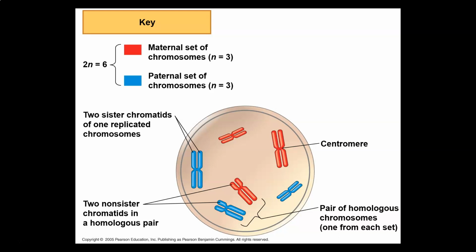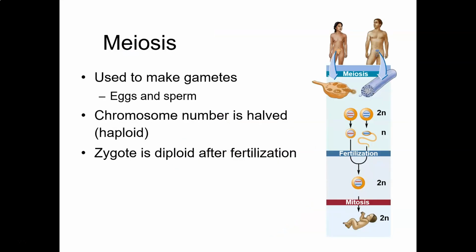So let's look at the process of meiosis. By the way, maybe we should first talk about the overall function of meiosis. The reason we want to make unique cells that are different from either parent cell is that these cells from meiosis, which are called gametes, and in animals we call them egg and sperm, will fuse with gametes from the opposite sex to form a new individual that's diploid, called the zygote, and that zygote is going to be genetically unique from the parents.